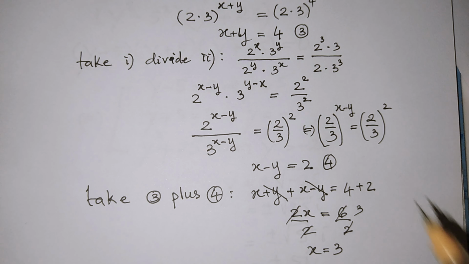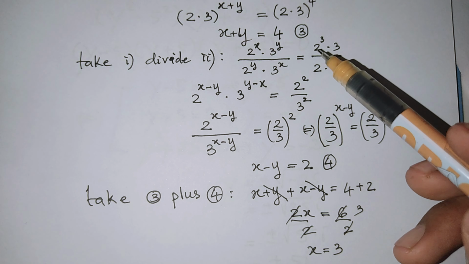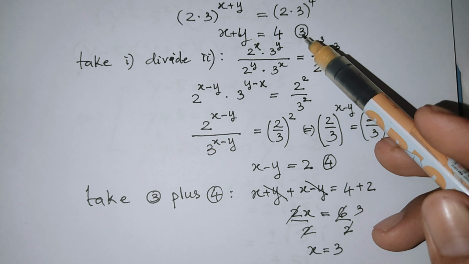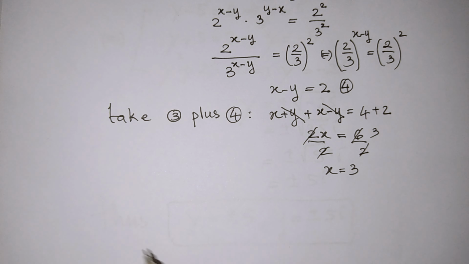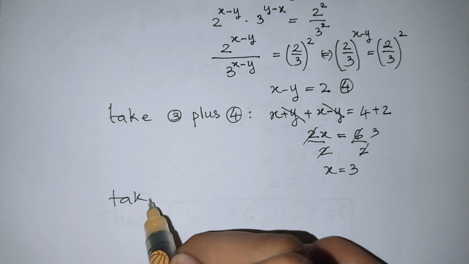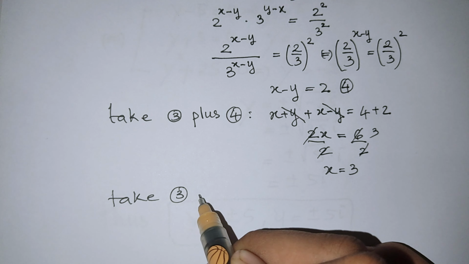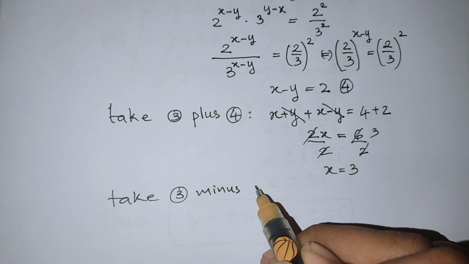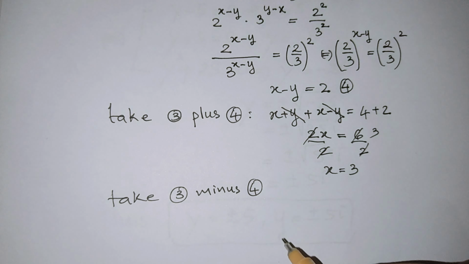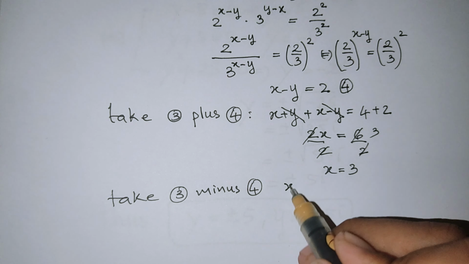And then we subtract the fourth equation from the third equation. So we take third equation minus fourth equation.